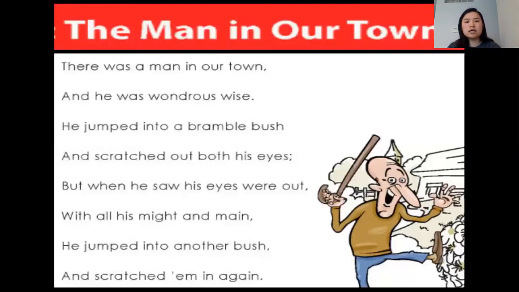Okay, here is the man in our town. You are going to, again, read this right here, the man in our town. You are then going to identify the words that have suffixes. In this case, jumped is an example, and you need to find the other word that uses a suffix with the ed.